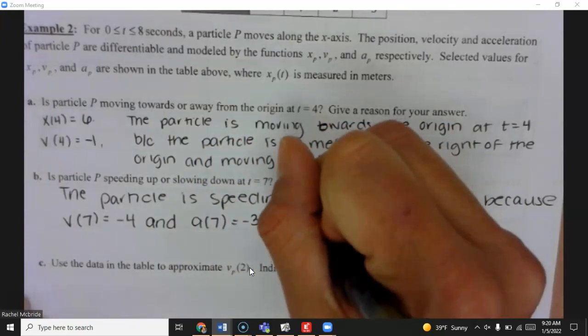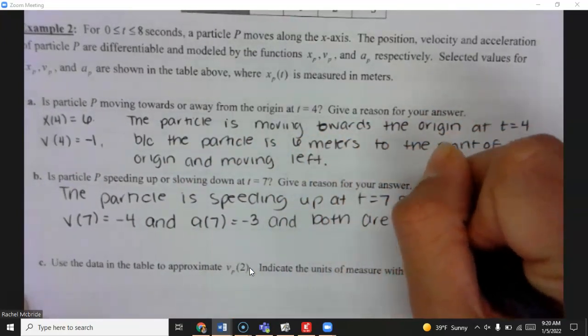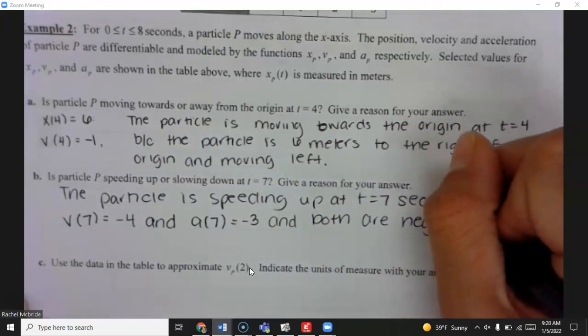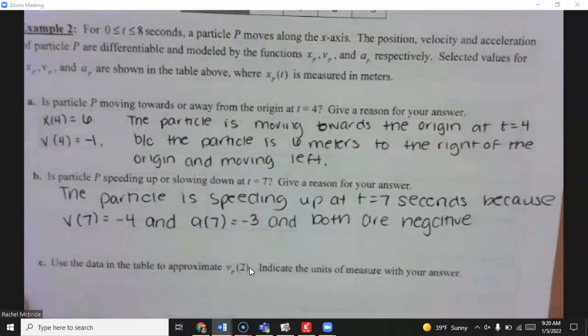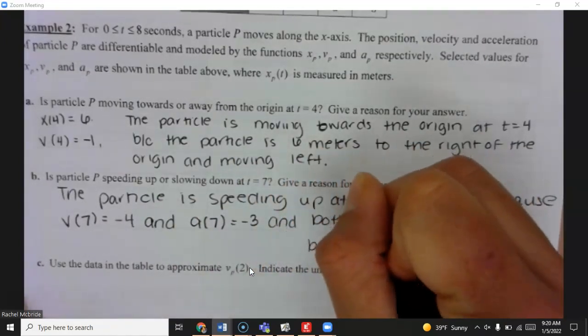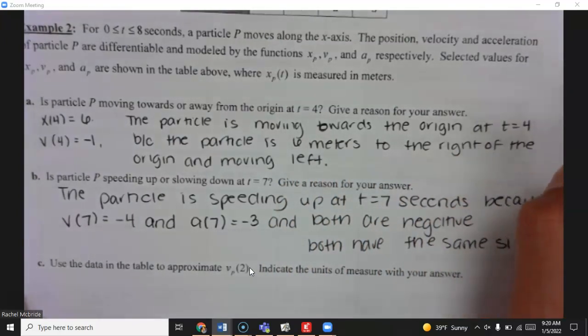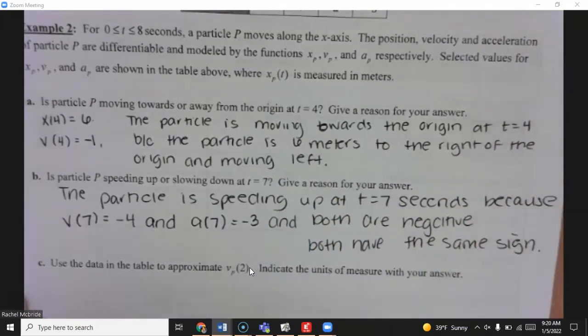And both are negative, or you could say have the same sign. Either one is fine.